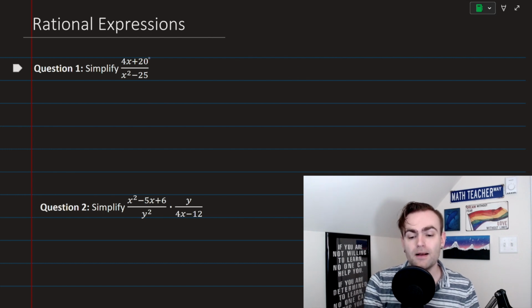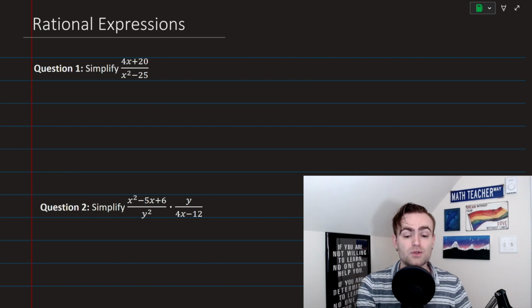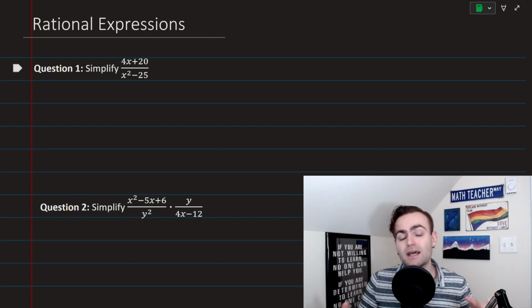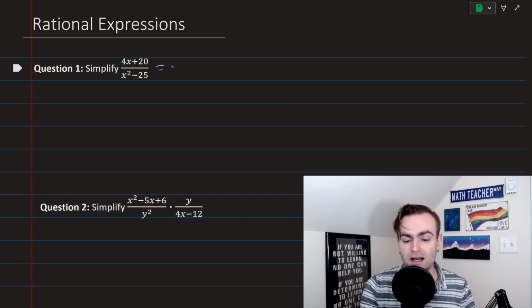So just like what we had before, we're going to try to factor this out, write this as factorized as we can, and see if we have anything that can cancel. In the numerator here, I notice that the 4x and the 20 both have a common factor of 4. So I'm going to write this as 4 times x plus 5.